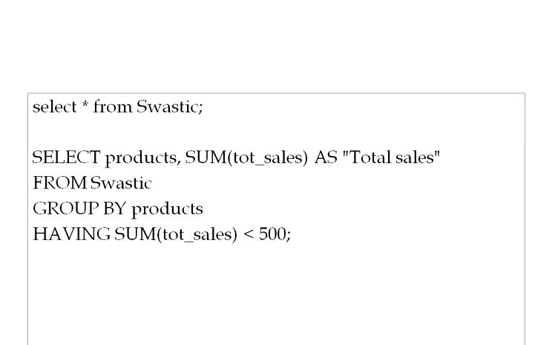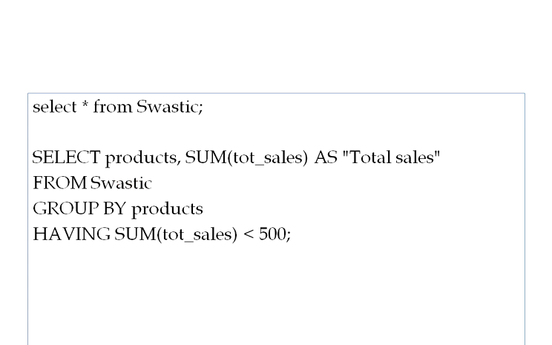Then we'll perform this query. First, you will see SELECT * FROM swastik to see the rows of your table. Then SELECT product, SUM. Now you see we are using the aggregate function SUM here, where we are focusing on total sales, so the total sum of tot_sales as total_sales. This is the new column.